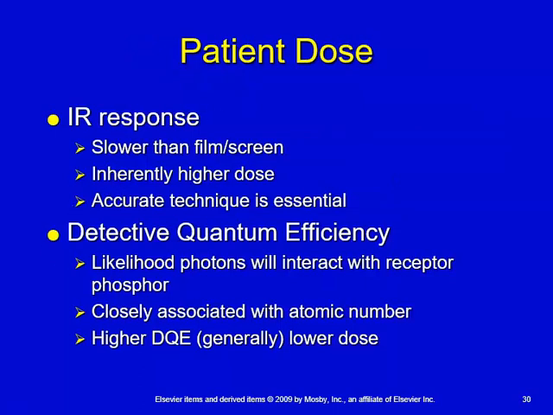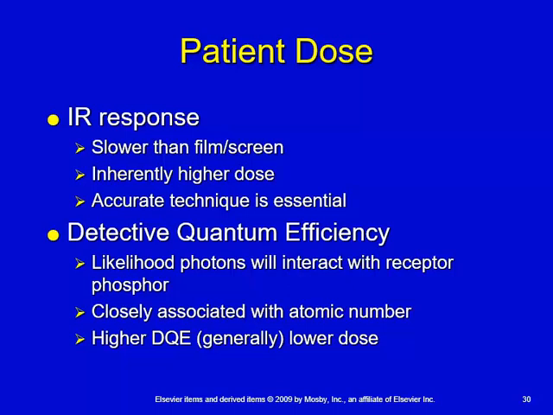We've walked through this, patient dose and image receptor response. If you remember, CR was equivalent to a 200 speed screen and film combination. So whenever we made the change to CR, our dose naturally went up because we had to reintroduce those photons that are the amount of signal to the image receptor.